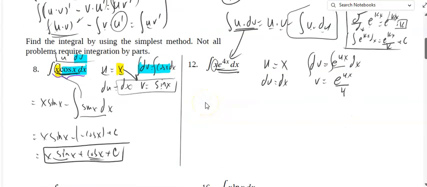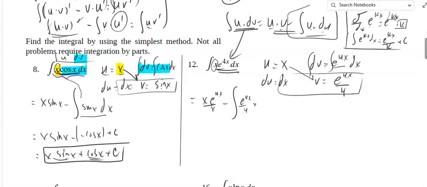And this is going to be, again, u times v. It's right there. U times v, that is x e to the 4x over 4, minus the integral of v du, e to the 4x over 4 dx. That's over 4, not x.